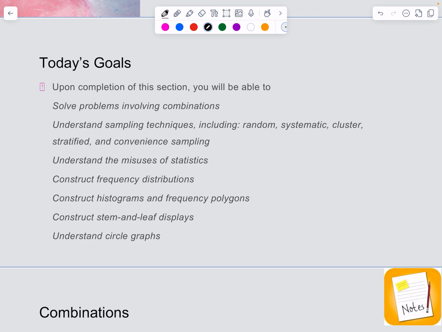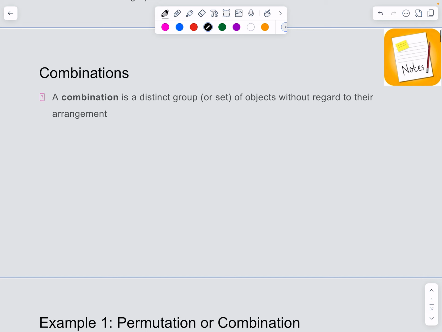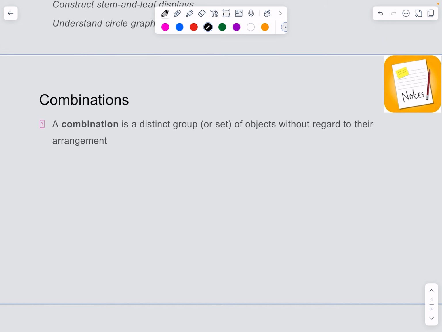We'll briefly discuss the misuses of statistics. Then we'll look at diagrams. So frequency distributions, histograms, frequency polygons, stem and leaf, and circle graphs. It shouldn't be too heavy today, but it is important so that way you can build on all of our foundations today. All right, so let's finish up chapter 11.